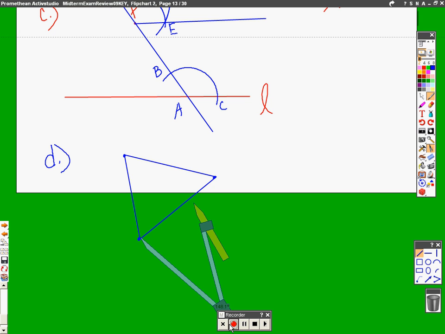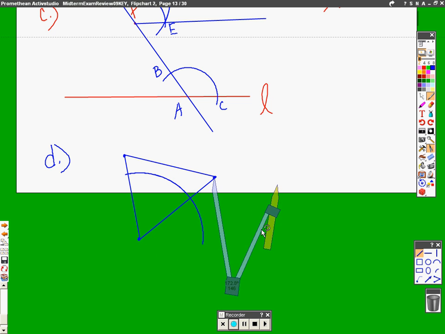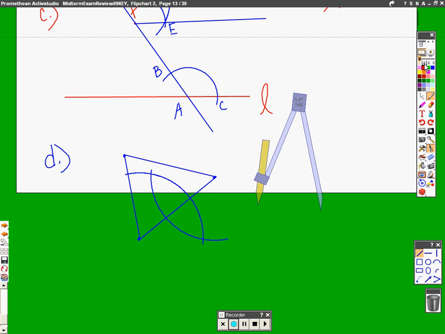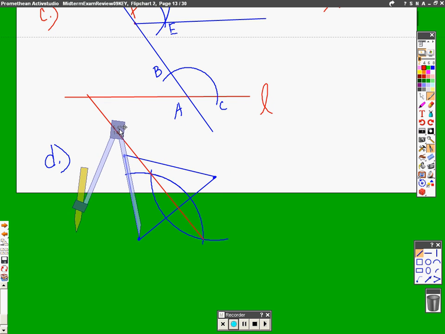Down here I have generated a triangle. I am about to do the perpendicular bisector of 2 of the sides, just like you saw me do for construction A. This will give me 1 of the perpendicular bisectors. And I'm going to do another perpendicular bisector.